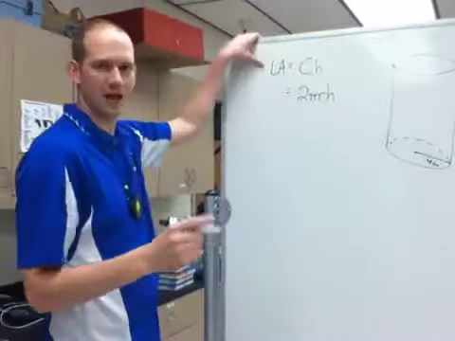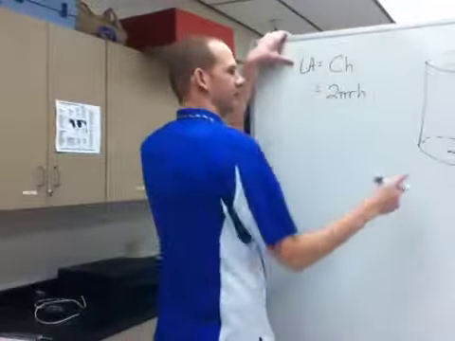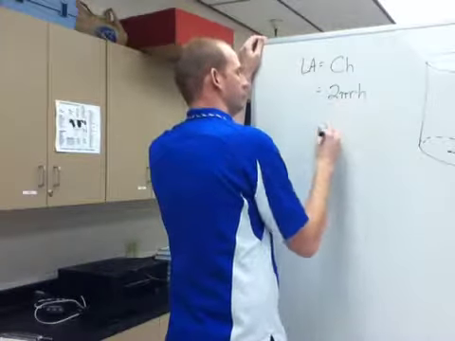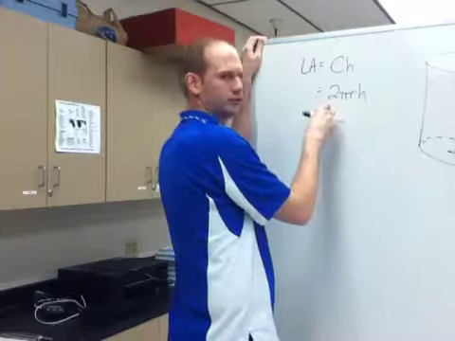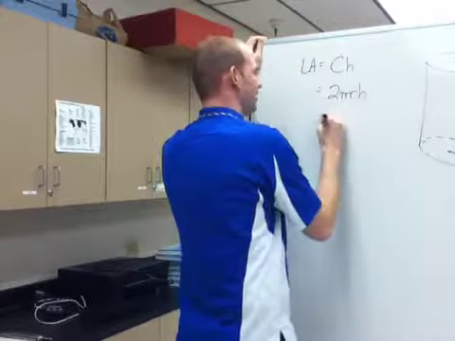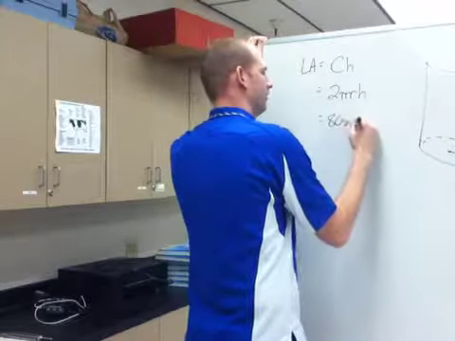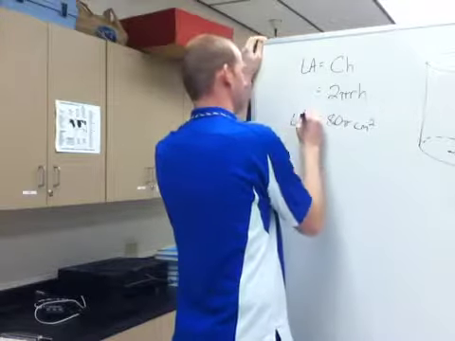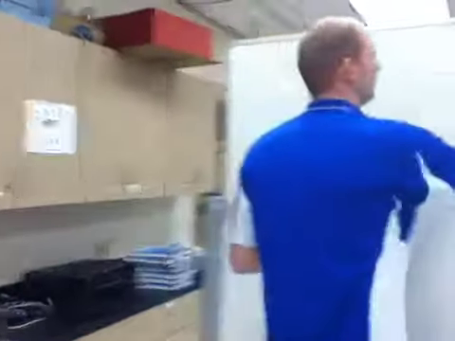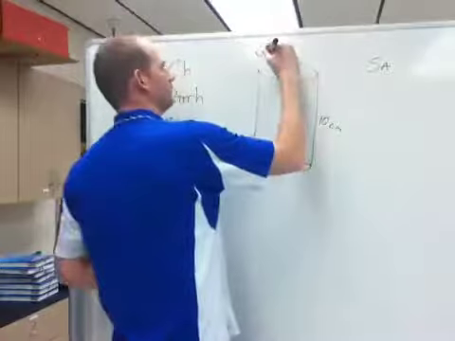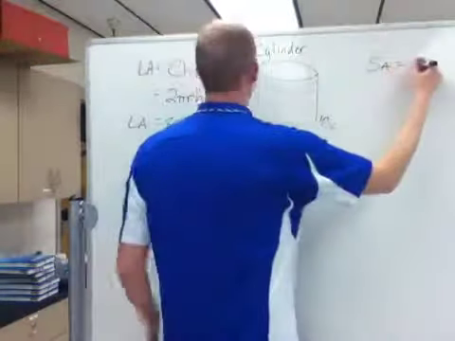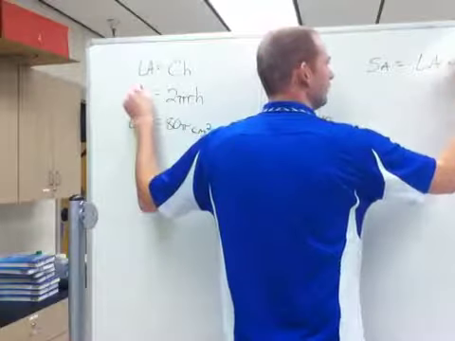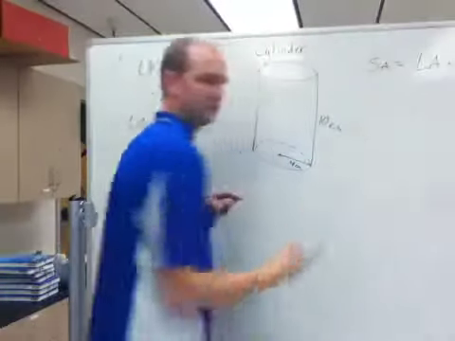If I wanted to find the lateral area of this in terms of pi, the radius is 4. So I do 2 times the radius times the height. So I have 4 times 2, which is 8, times 10, which is 80. So it is 80 pi centimeters squared for the lateral area. The surface area of a cylinder, this is a cylinder in case you forgot already, is the lateral area plus the area of the 2 bases again.